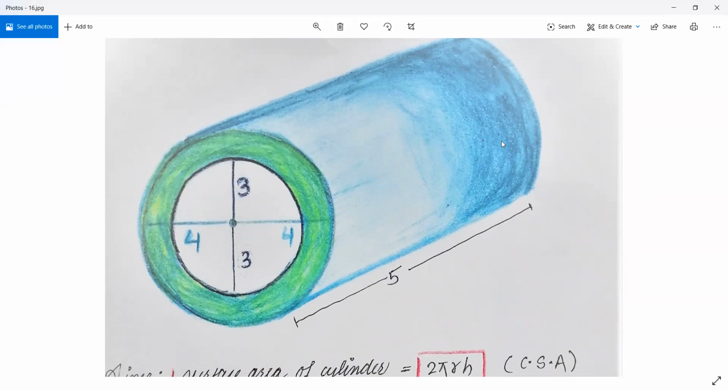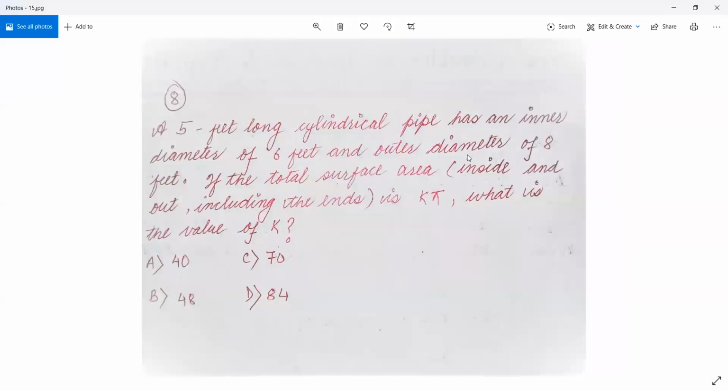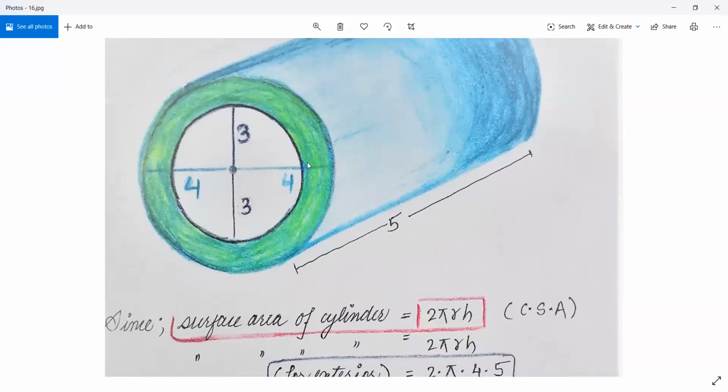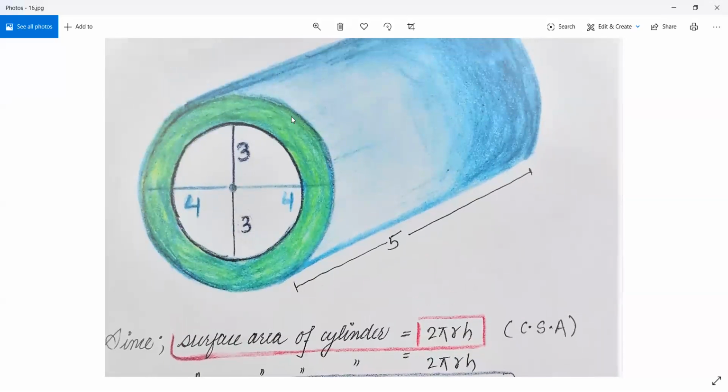When the question mentions that the pipe has an inner diameter of 6 feet and an outer diameter of 8 feet, you can see in the figure that the outer diameter means from one end of this base to the other exterior part.